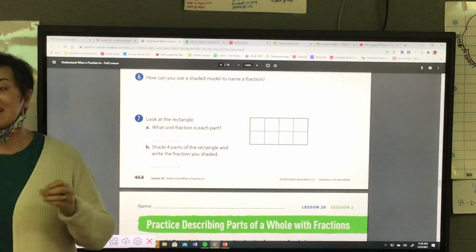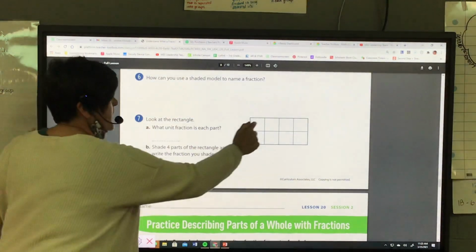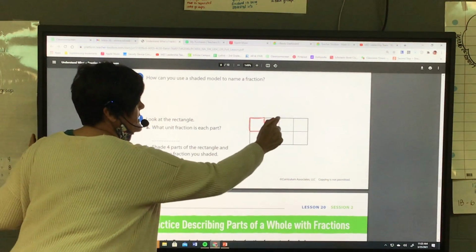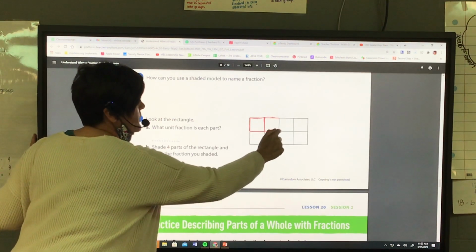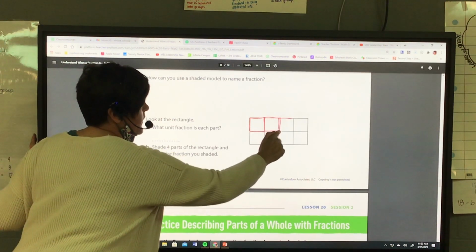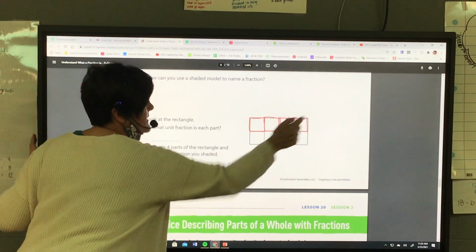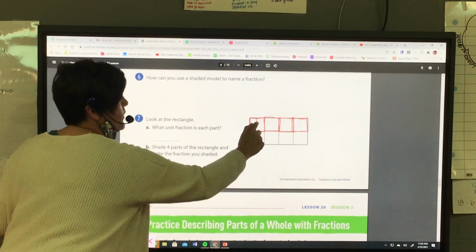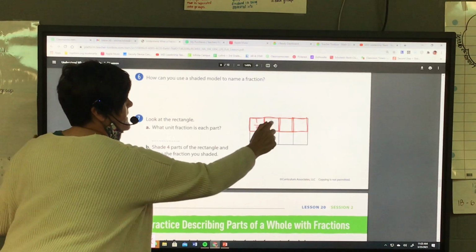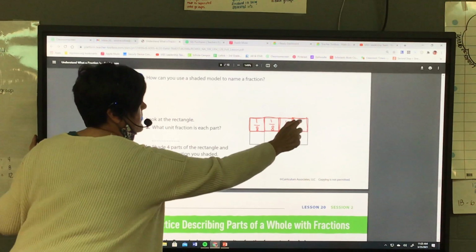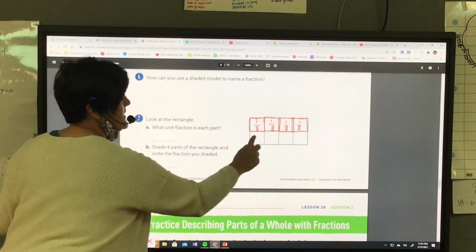Okay, so each unit, friends, this is 1 unit. This is 1 unit. This is 1 unit. Do you see what I'm talking about for the units? Yeah. So this would be 1/8. This is 1/8.